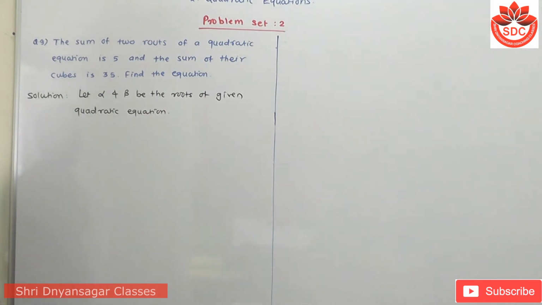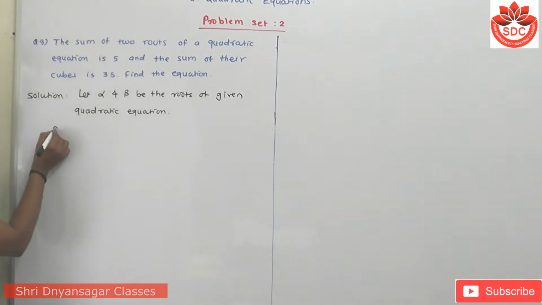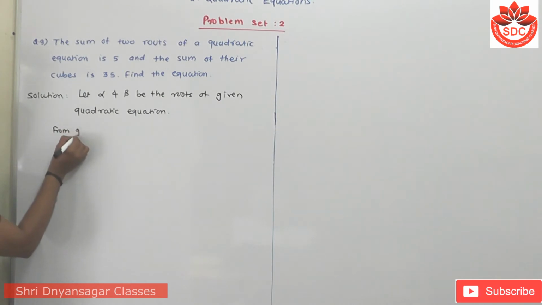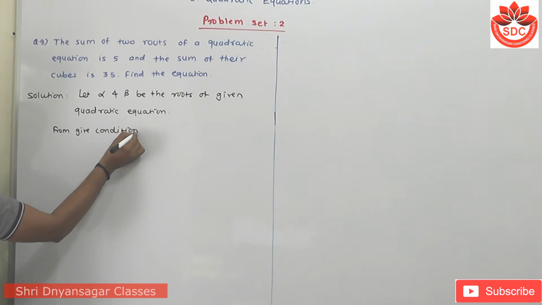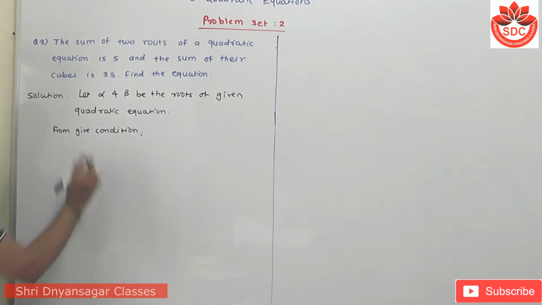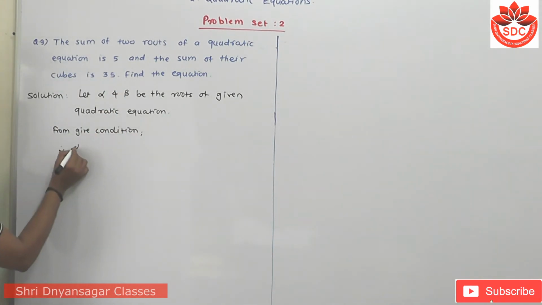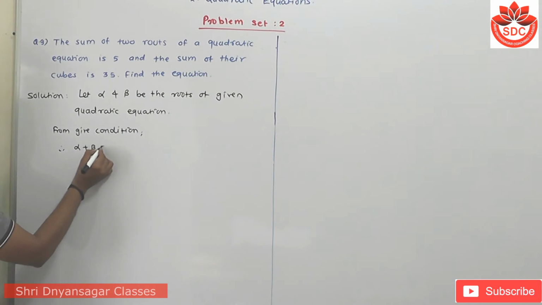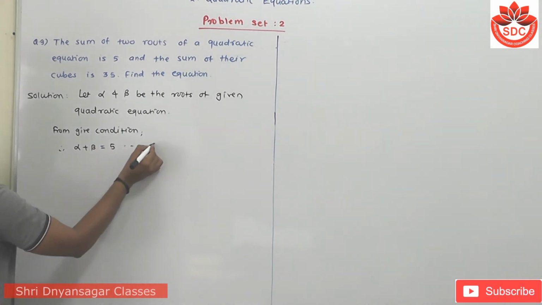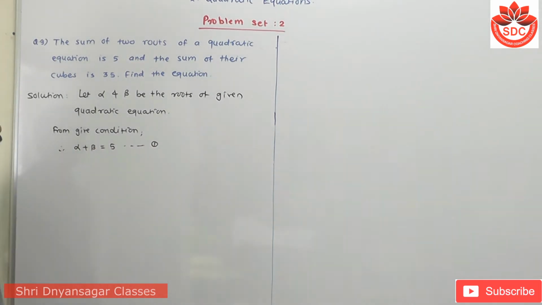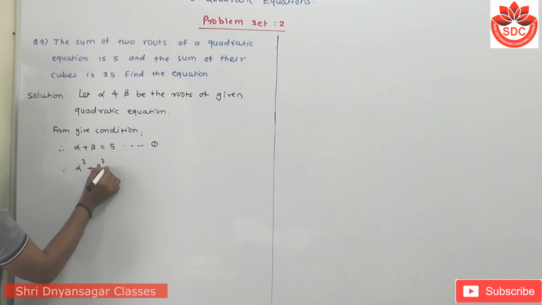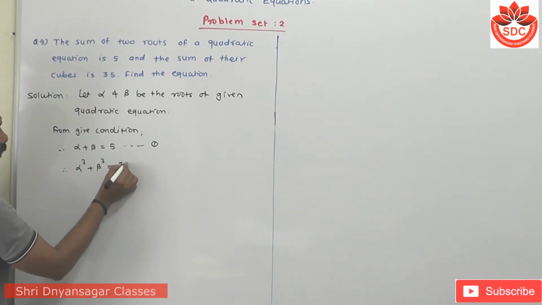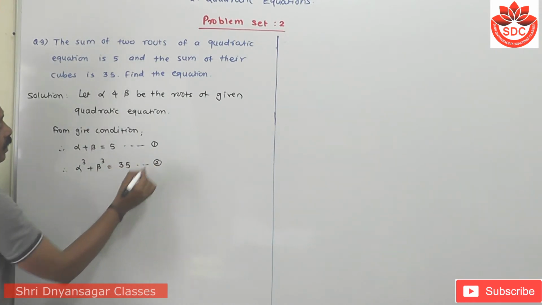Okay, now the given condition is that the sum of the two roots, that is alpha plus beta, is equal to how much? 5. Let this be equation number first. Then the sum of their cubes, therefore alpha cube plus beta cube, is equal to how much? 35. This is equation number second.